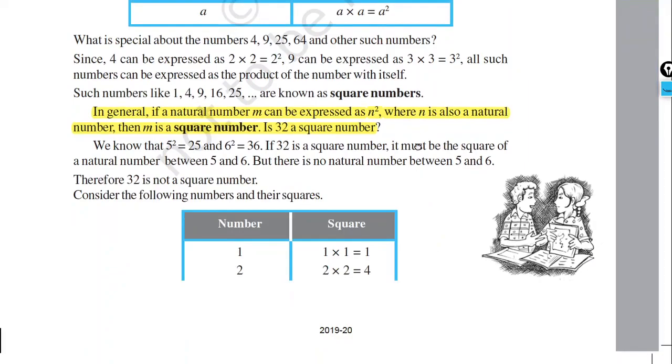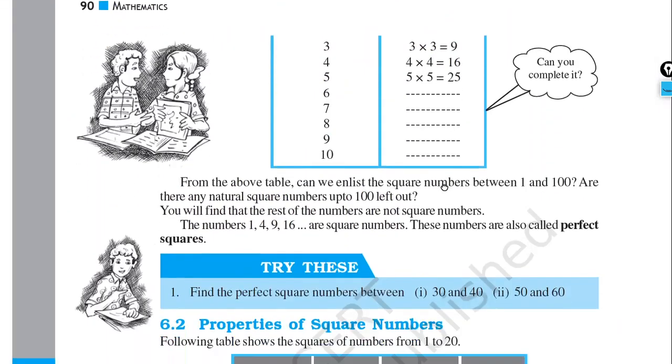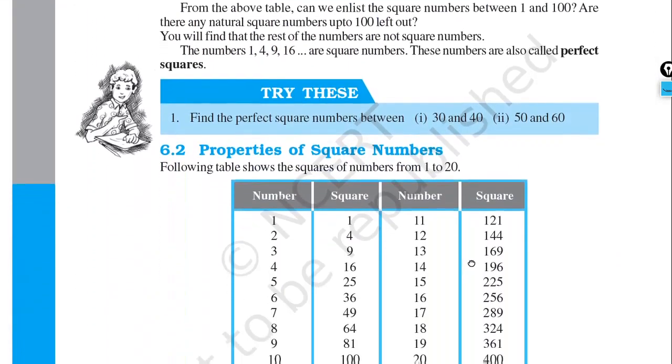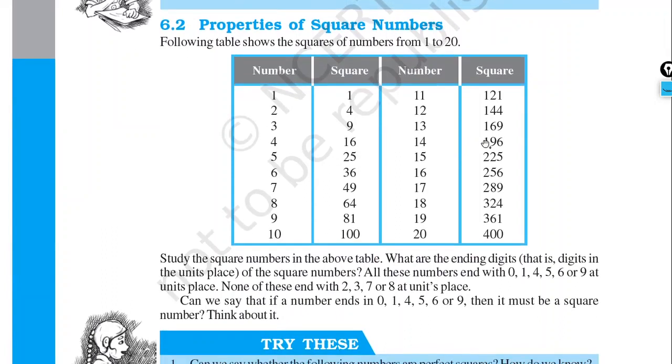Now we will move into some properties of square numbers. Look at it. We have written numbers 1, 2, 3, 4 up to 10, and here up to 20, twenty natural numbers.